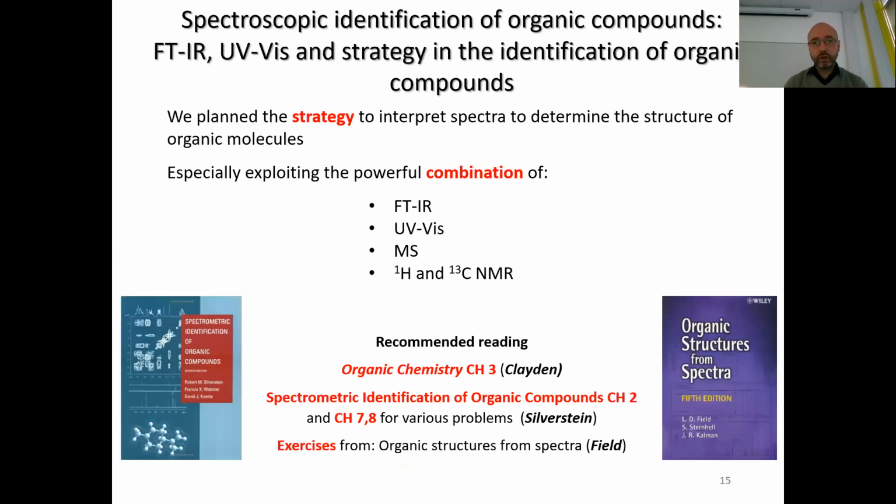So we saw FTIR, which was probably the best known for you all because you started using FTIR from the first year. A little bit of UV-Vis. I will say that UV-Vis is normally good, and you need to tell me at the exam if you're spotting aromatic groups or not.